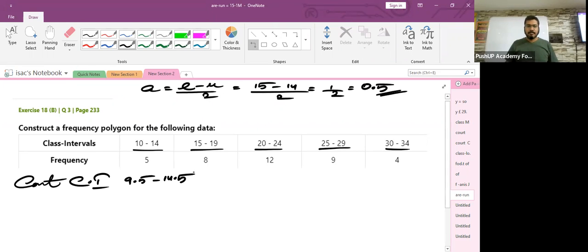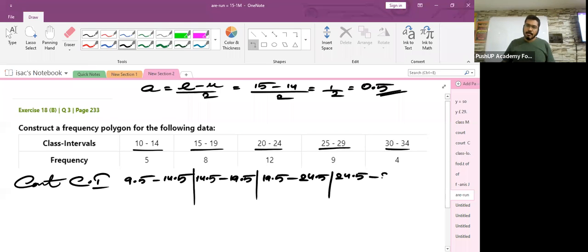That's the problem. Okay. 15 to 19, children. So 15 minus 0.5 is what? 14.5. 19 plus 0.5 is what? 19.5. 20 to 24. 20 minus 0.5 is 19.5. 24 plus 0.5 is 24.5. Dane, are you listening to me? Yes, sir, I'm writing this. Okay.